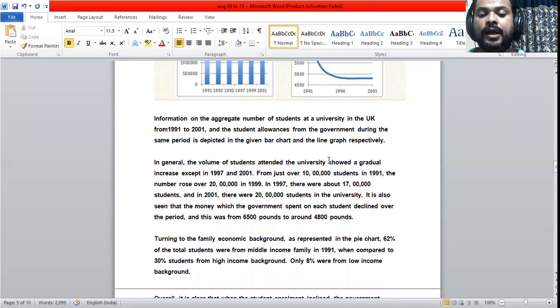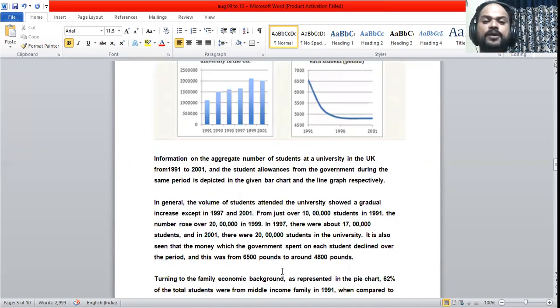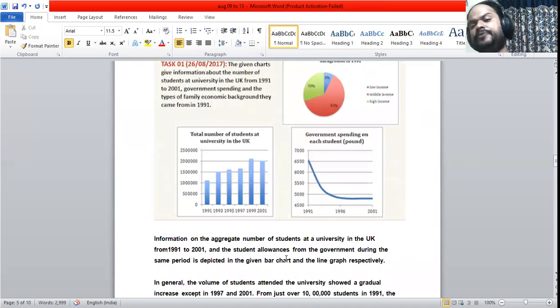Okay. Now, it is also noted that most students were from the middle income families in 1991. So the summary of the pie chart, we can see the majority is 62%. That is from the higher, no, the middle income family. So the summary is clear.